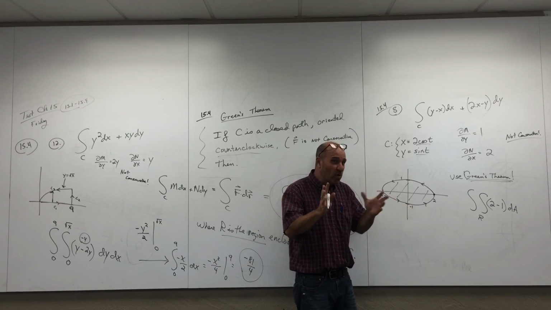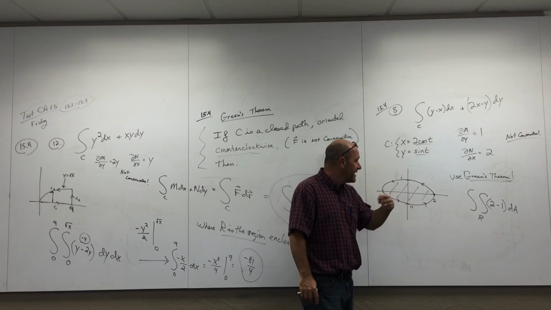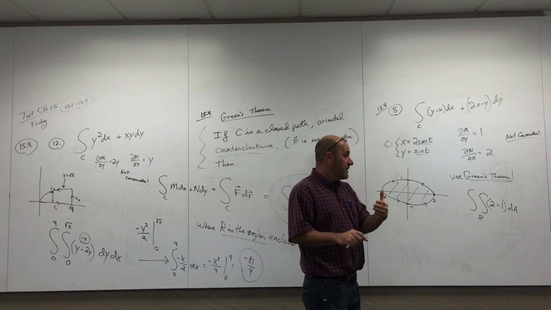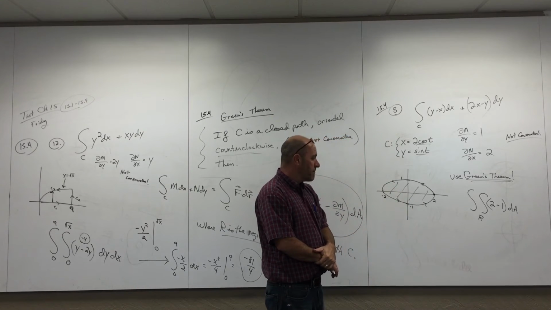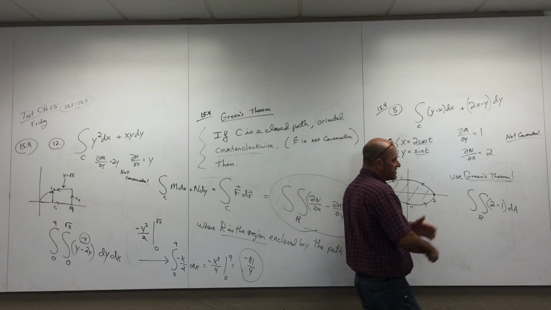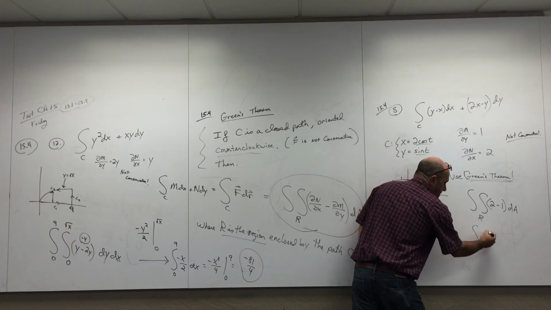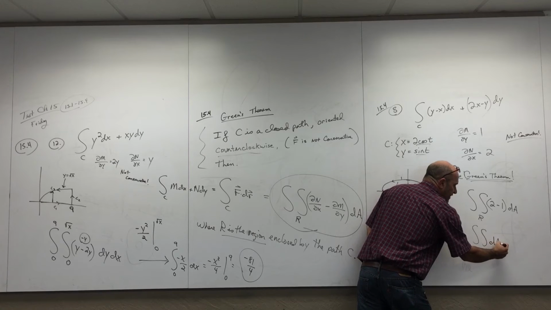They might be helpful with ellipses, but it's still a little bit nasty converting an ellipse into polar coordinates. Because this is 2 minus 1, it turns into a 1.